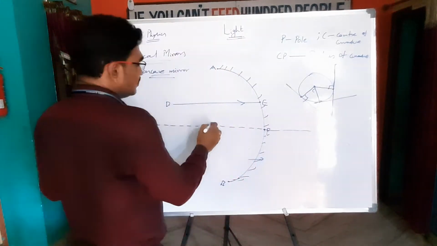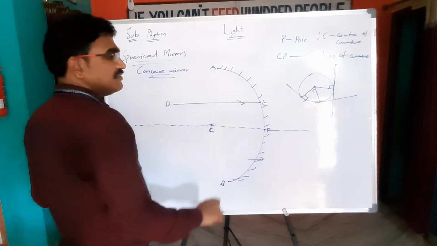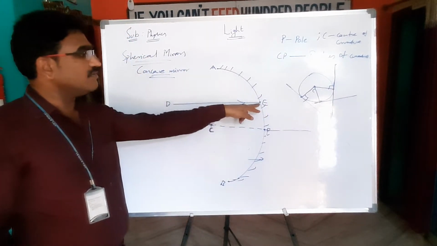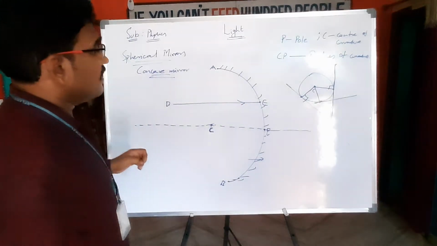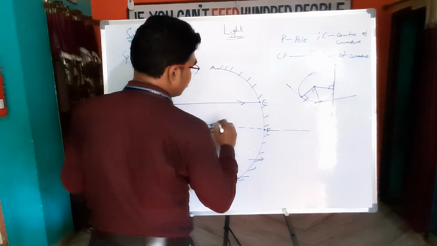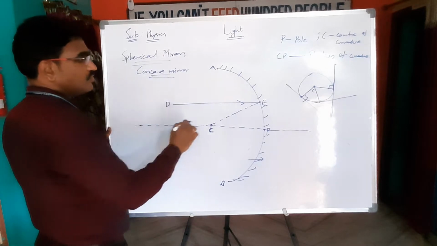If from the center you draw a line to a point on the circumference, it is going to make 90 degrees with the tangent and it is going to act as the normal here. So this is going to be the normal, from the center to this point.